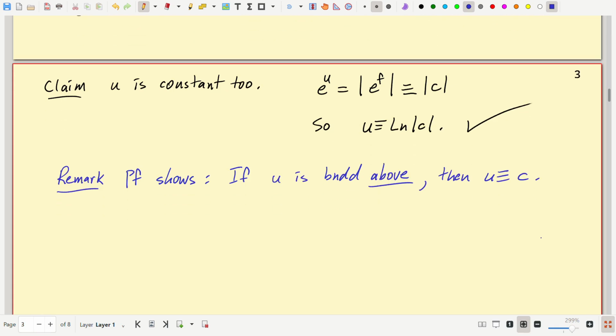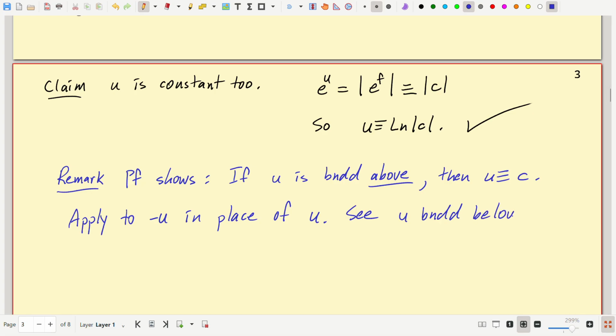And the same would hold if it's bounded below. Apply it to minus u in place of u. See, if it's bounded below, then it's constant. So u bounded below implies that u is constant, too.